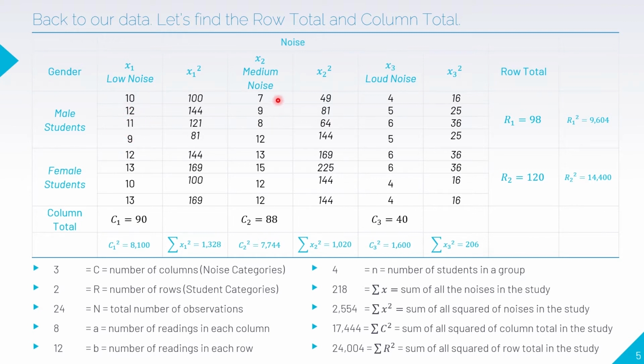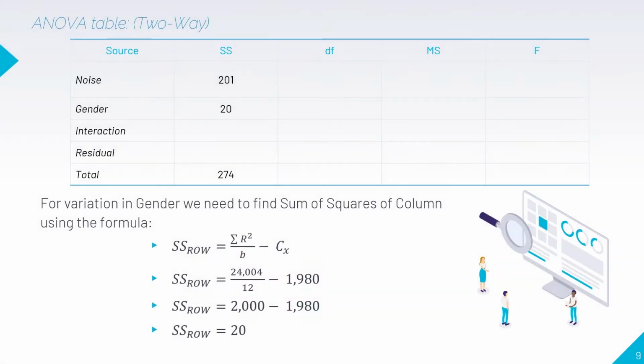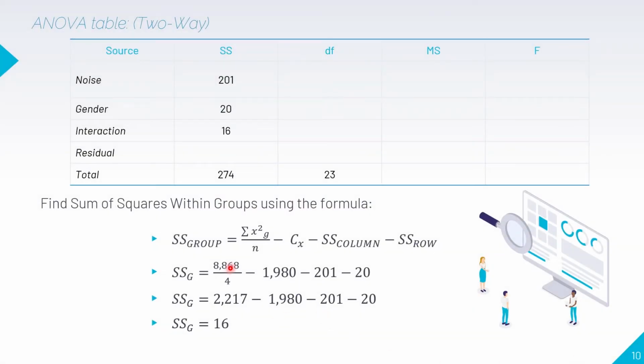Same as this one, add and square it, add and square it, add all and square, and then the squares of these items we need to sum up. And that's our summation of x squared groups over n. So we have 8,868 in doing this equation. Over n, we have 2,217.